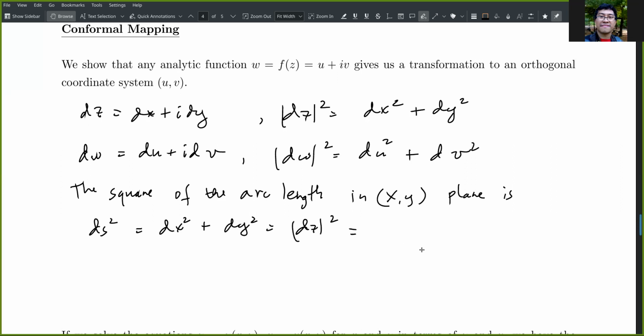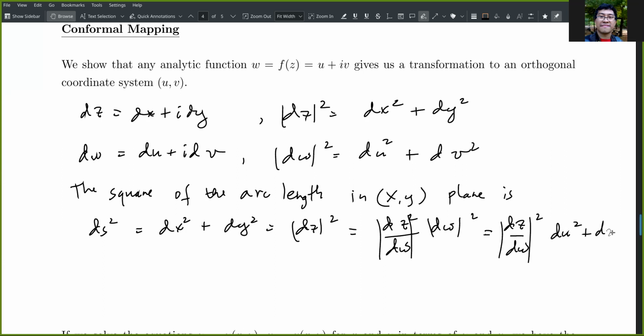If we multiply and divide by dw squared, so we can do this, this becomes the absolute value of dz over dw squared, and dw squared would be du squared plus dv squared.